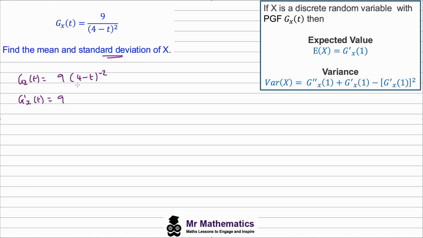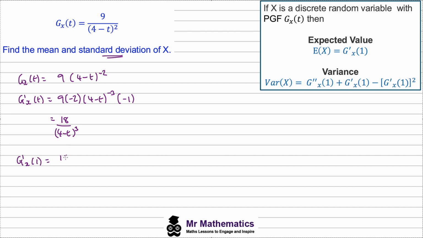We'll bring this negative 2 down. Then we'll have 4 minus t. We'll take away 1 from the power, and we'll multiply it by the derivative of this inner function, which is negative 1. So now we can multiply the constants together, and we get 18 over 4 minus t to the power of 3.